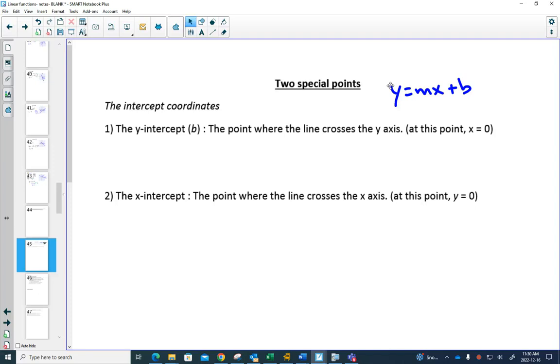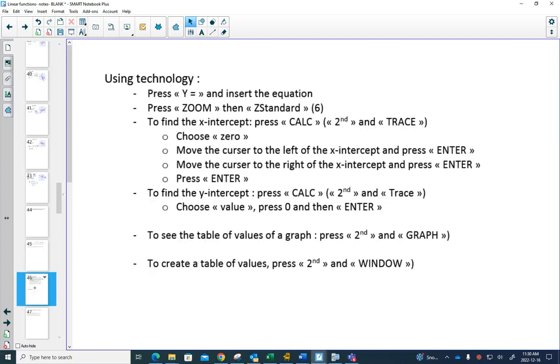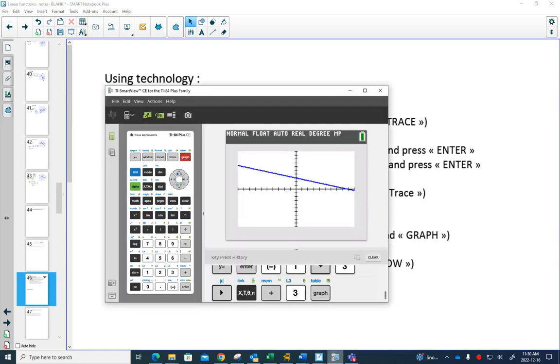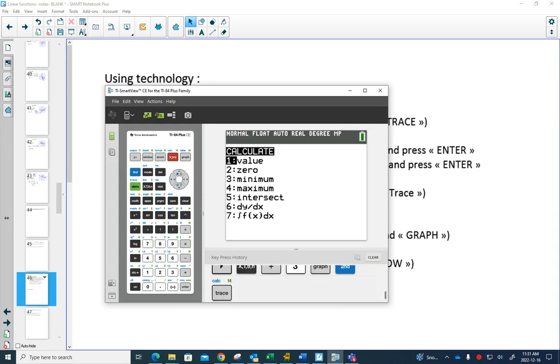All right. So it talks a little bit about how to do it on the graphing calculator. If I want to find my x-intercept or y-intercept on my graphing calculator, for those of you that have a calculator, you can push the second button, and then above the trace button it says calculate. It can calculate a bunch of different things.